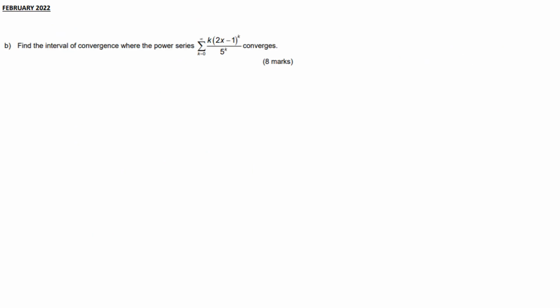Next, we continue with the next question from February 2022. This is the interval of convergence for the power series. First step, you have to apply the ratio test for absolute convergence.